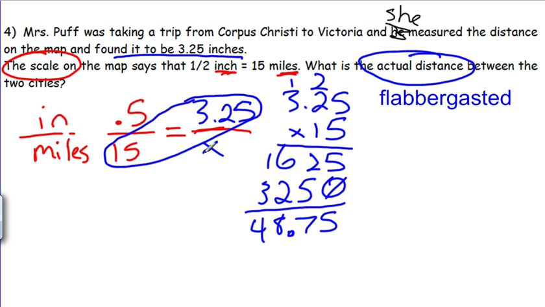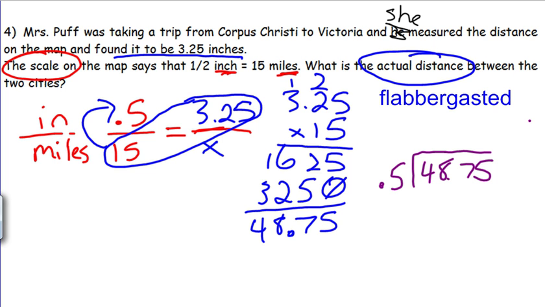Let's pick a different color here. So we have 48.75 divided by 0.5. We never want to divide by decimals, so let's move it over 1 place. So instead of dividing by 0.5, now we're dividing by 5. And that's going to go into 487.